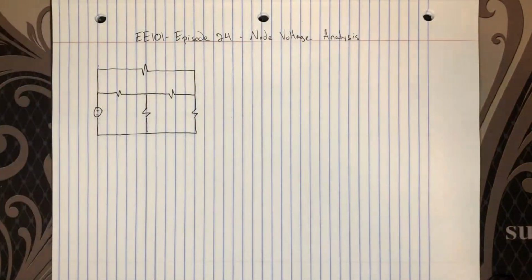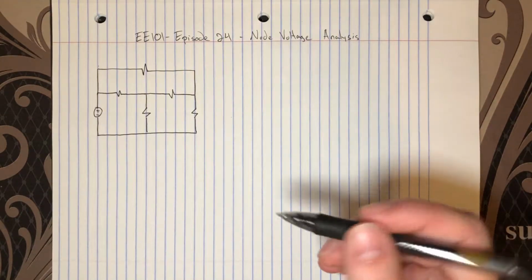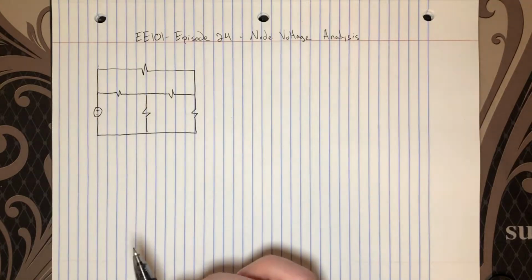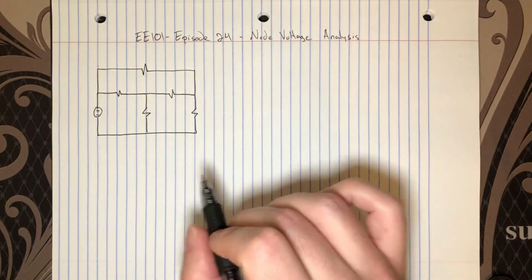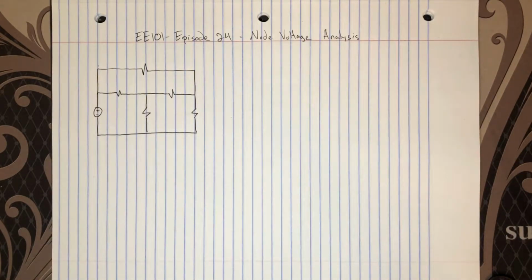Now think about that for a second, but I'm sure you're going to realize very quickly that there isn't a good solution anymore. There are no series or parallel elements that you can just combine and model. So the whole point of node voltage analysis is to give us a general approach to solving circuit problems that will work in every case, even when our convenient shortcuts aren't possible.